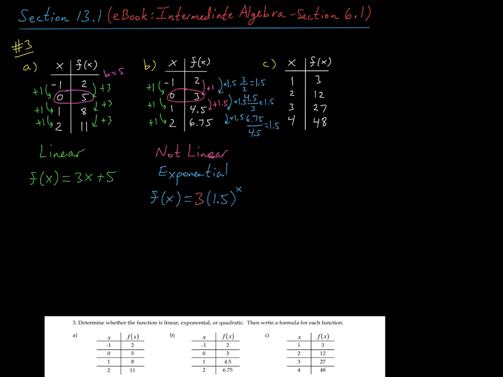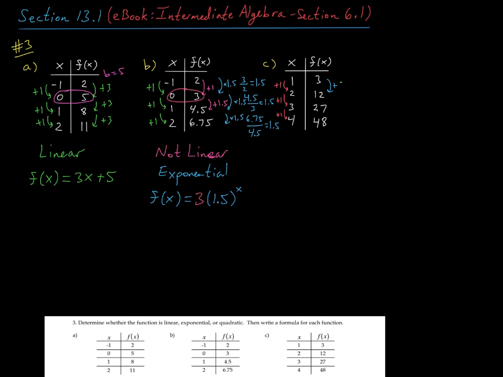All right, and so then for C, well, here x is still going up by 1 unit from point to point, so we still have that. And now here, I could see that I'm going from 3 to 12 and then 12 to 27, so that's not the same change, right? I'm going from a change of 9 to 15, so it's definitely not linear here.